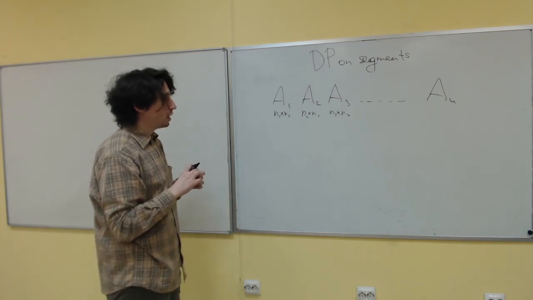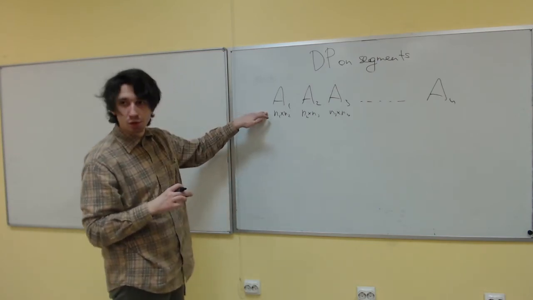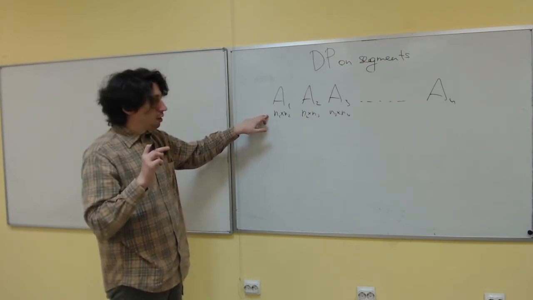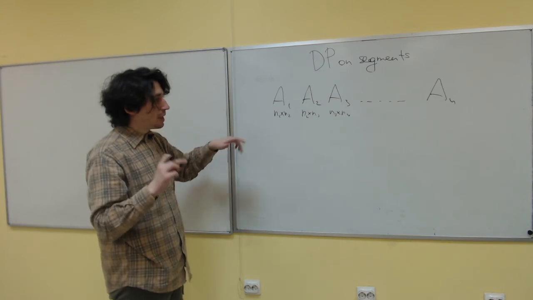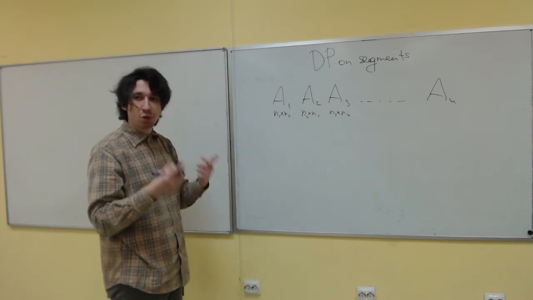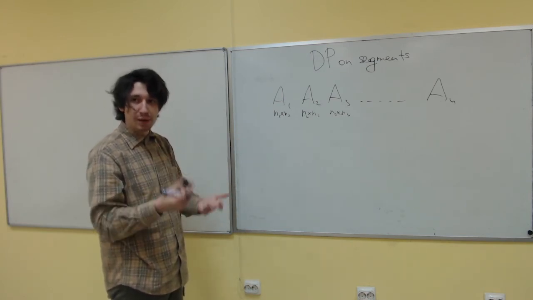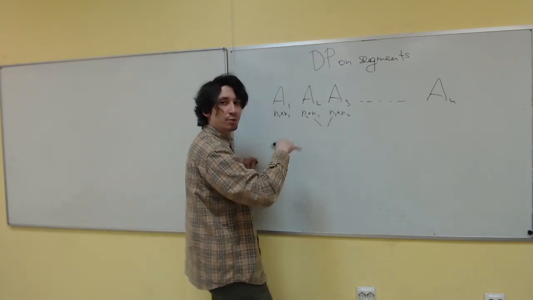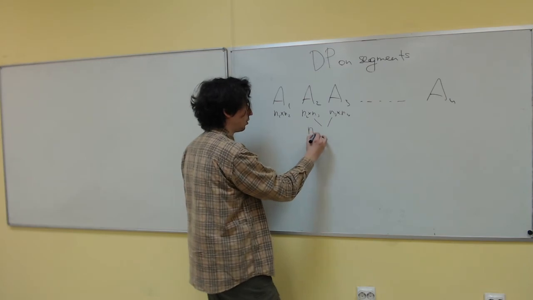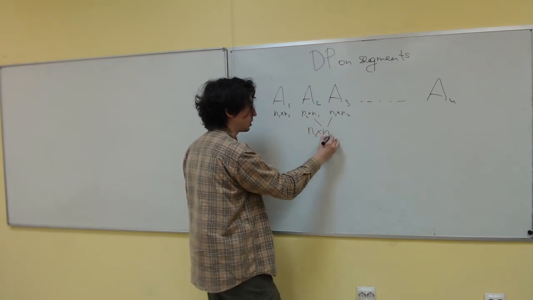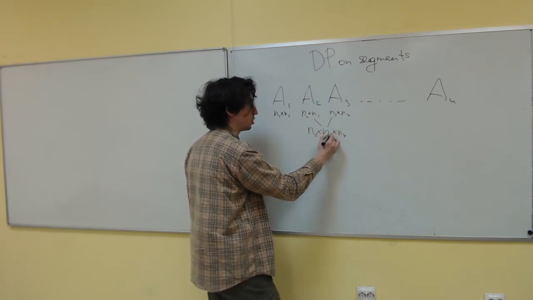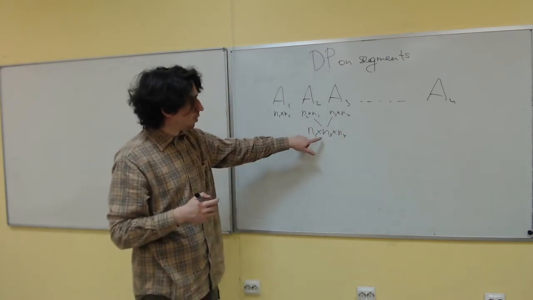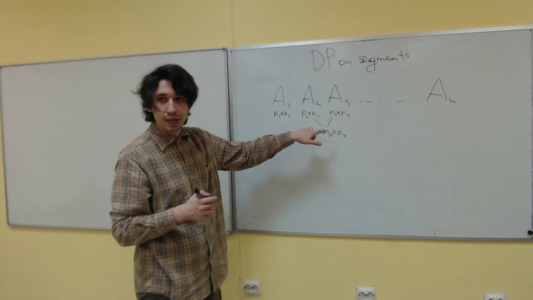You know the sizes of the matrices, and the question is what is the smallest number of operations that we should spend. For example, if you multiply these two matrices, the cost is the multiplication of the sizes.